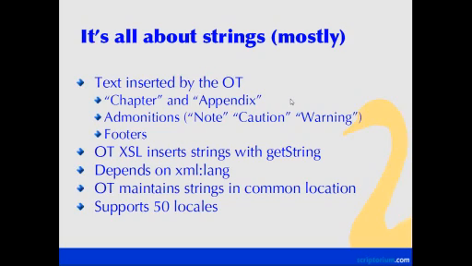And how's the current language determined? It depends on the xml:lang attribute that's set in your topic. So the Open Toolkit is nicely organized. All of these strings are maintained in a common location. We'll take a look at those in just a minute. And the Open Toolkit supports 50 languages and locales.